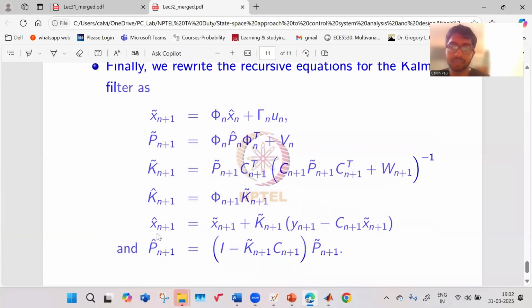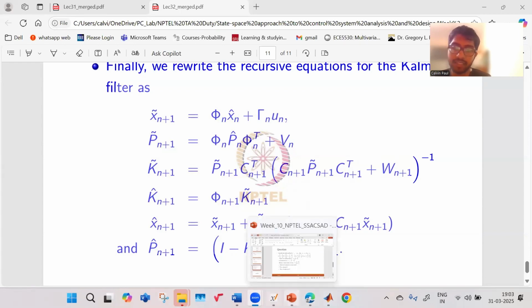X hat n plus 1. So this is the state which we will update. We have predicted some state x tilde n plus 1, but based on the noise variance matrices, as well as the current measured output and the output based on the predicted state, we will do what is known as a correction. We will correct the state which we estimate.